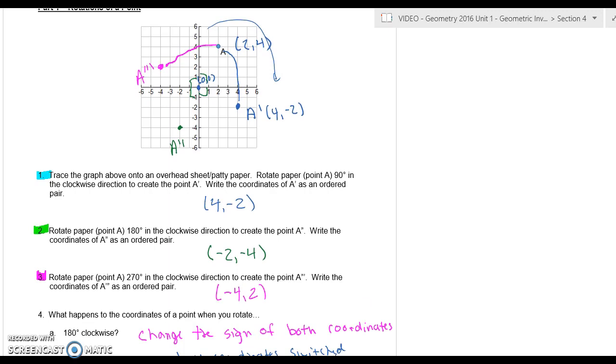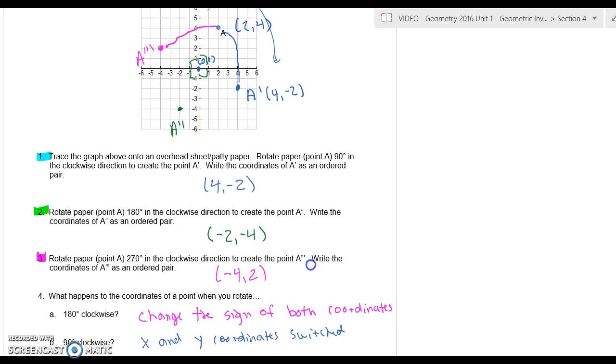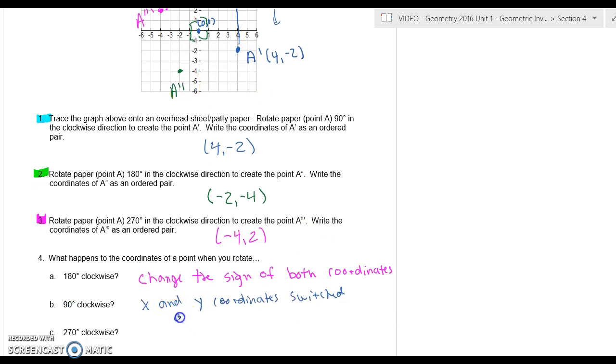Kind of, but not really. If we had started here and went in this direction, actually the x-coordinate now becomes negative. So what ends up happening is the x and y-coordinates switch, and 1 changes signs. And we're not going to set up any steadfast rules for that because there are so many different combinations we can have. We're going to get into a problem with memorization and not really understanding of what a rotation actually is.